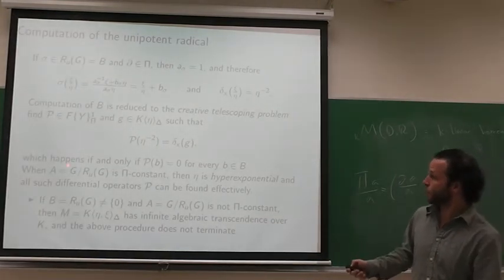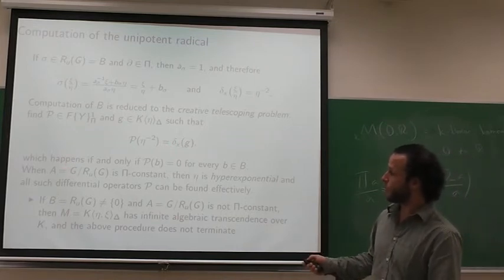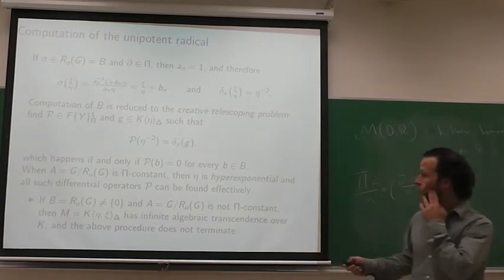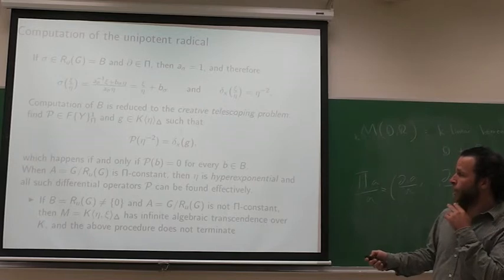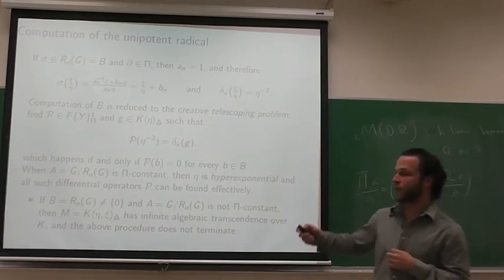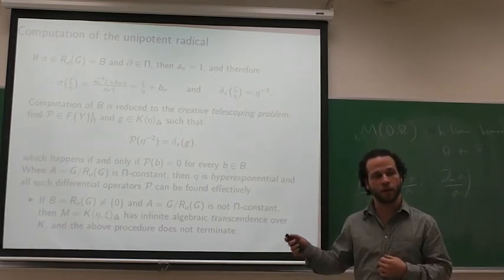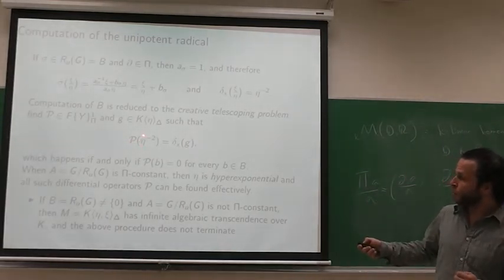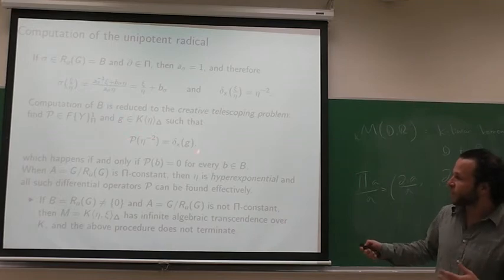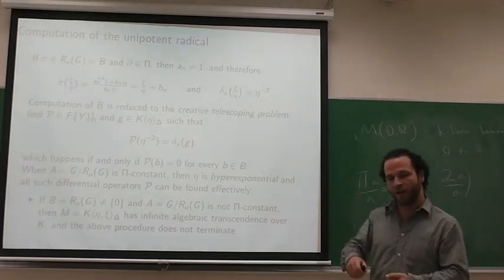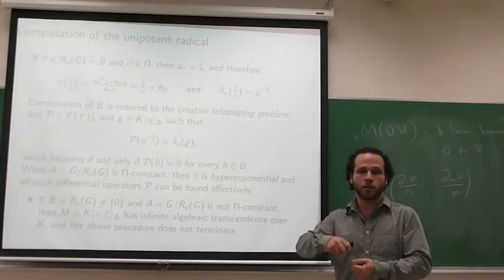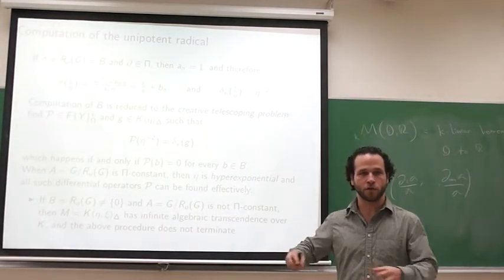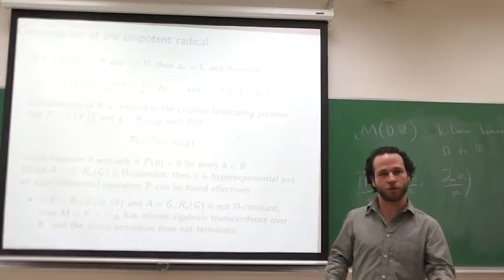But what happens is that when A fails to be pi constant, then this PPV extension has infinite algebraic transcendence degree over K. And when you try to find all the P's that satisfy this, you keep having to add more higher parametric derivations of the solutions involved, and then try to find relations with those.